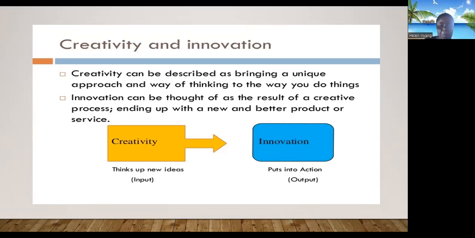While innovation, on the other hand, is the ability to apply creative solutions to these problems and opportunities in order to enhance people's lives or to enrich the society. Innovation also is a process of turning new concepts into commercial success or widespread use. Innovation is the successful exploitation of new ideas.